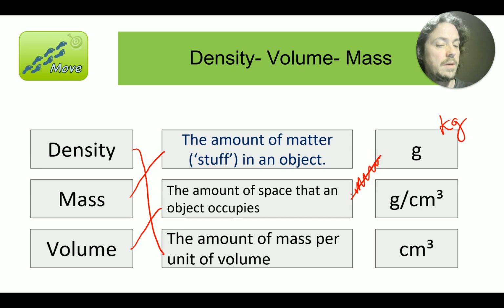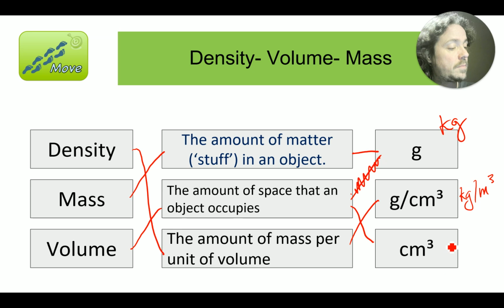Okay, so mass is measured in grams or kilograms. So volume, this one here, is measured in centimeters cubed. And then finally density is grams per centimeter cubed. It could be kilograms per meter cubed.